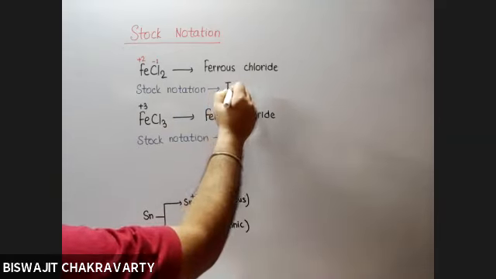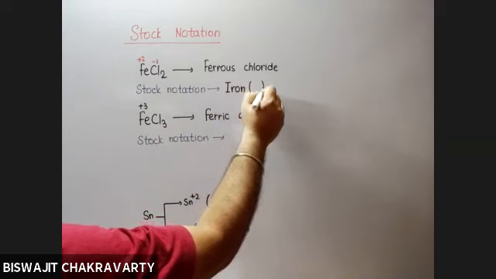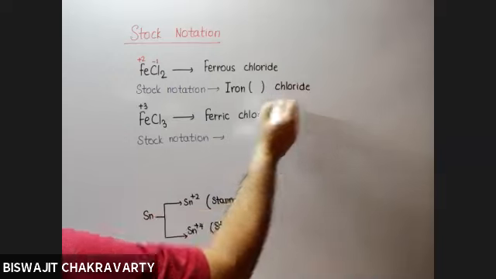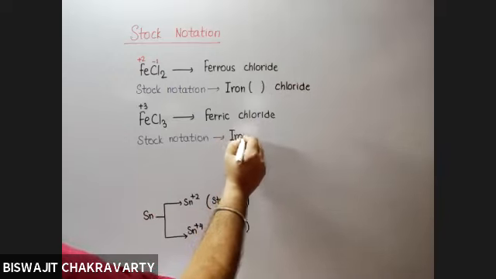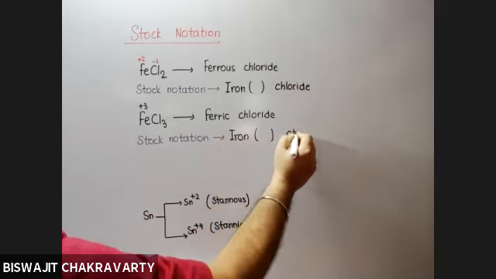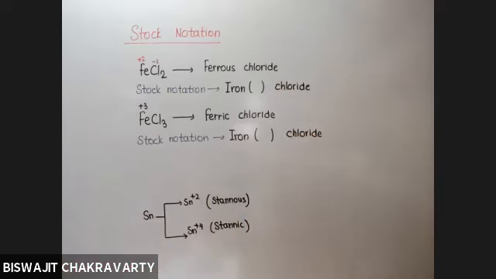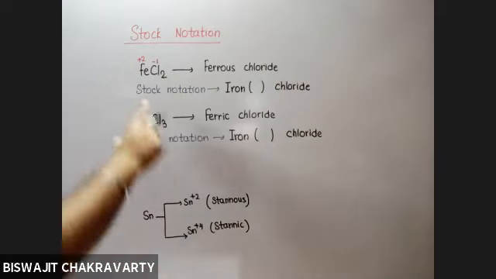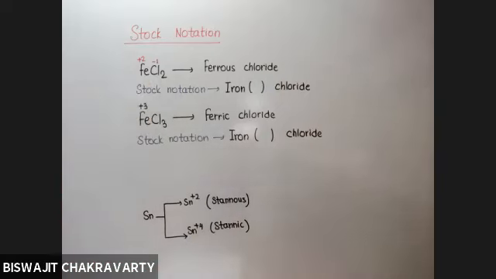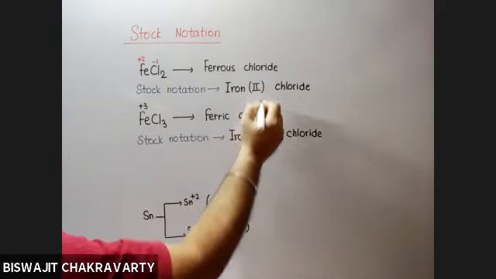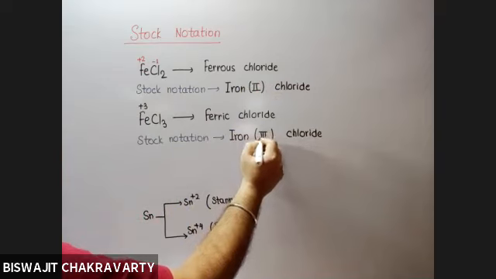It will be iron, put a first bracket, chloride. You write iron, chloride. Both are iron chlorides. But what is the basic difference? The basic difference lies in the oxidation state. Whereas this one shows oxidation state of +2, in Roman numeral, you write the oxidation state. Is it clear?